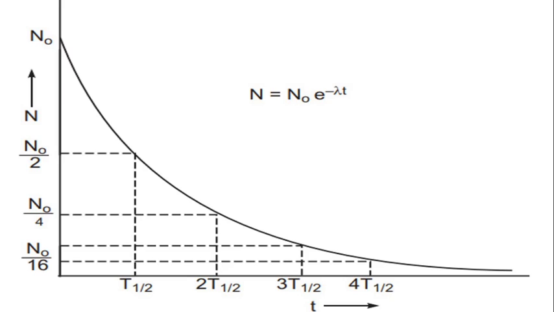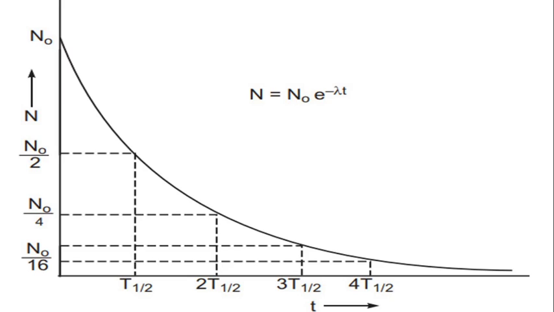So after one half-life, N0 by 2 will decay and N0 by 2 radioactive nuclei will remain. Now what happens after two half-lives? Initially N0 by 2 were there. After the second half-life, it again becomes half. That is N0 by 2 by 2, which means it will be N0 by 4 for the second half-life.